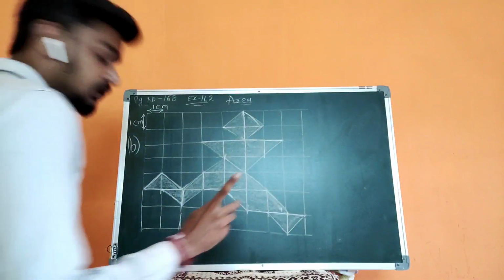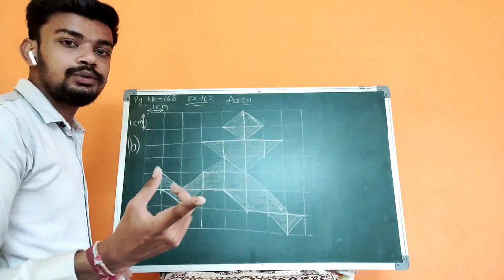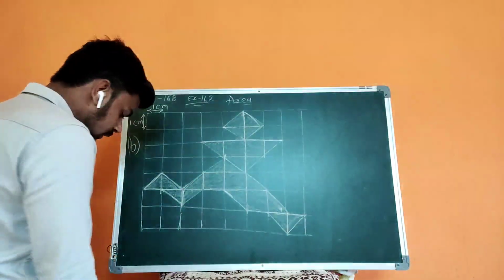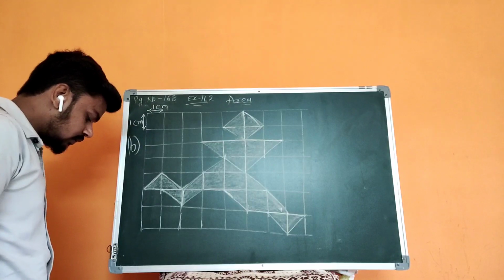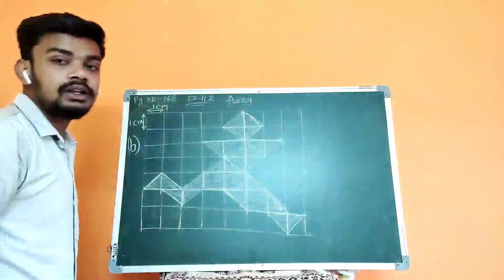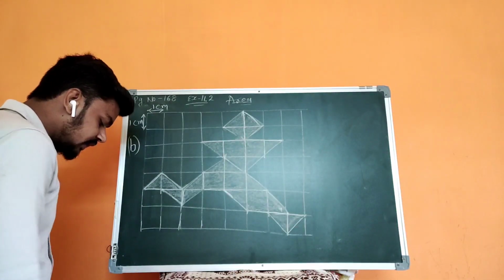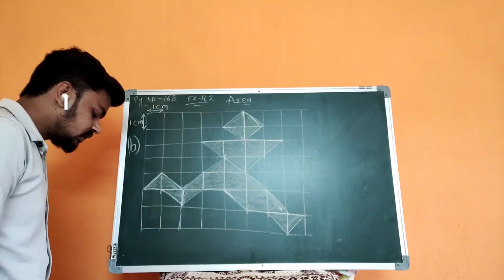Now let's continue with the second question. Remember that in the first one I have only done A and D, so the remaining you have to do in your homework. The second question is: below are two tangram figures. This type of figure is called a tangram figure. Find the area of the following shape by counting the number of squares.